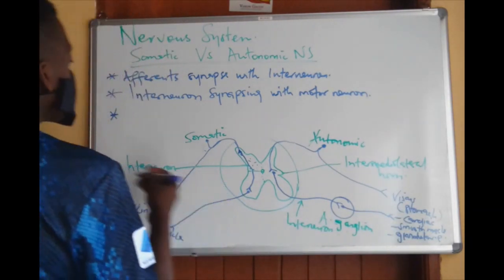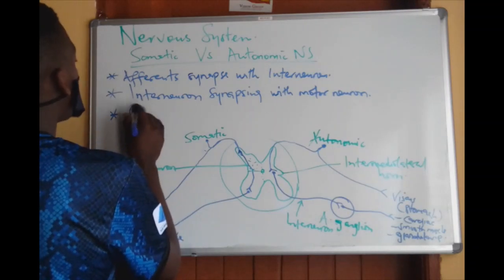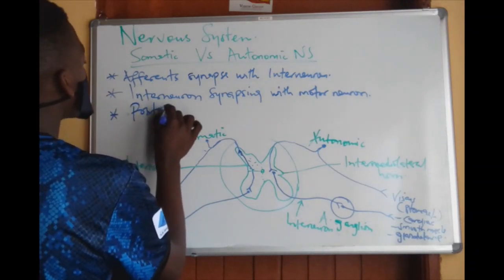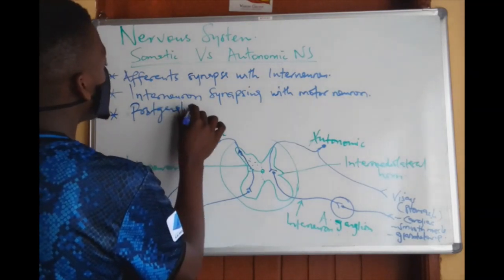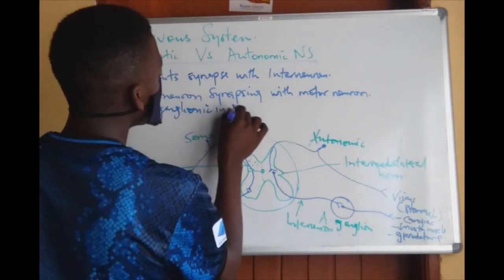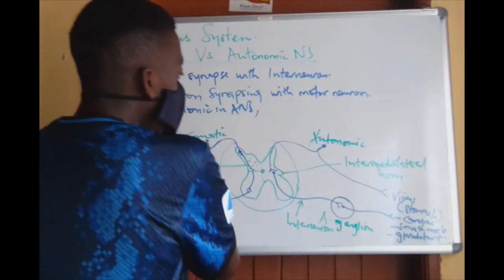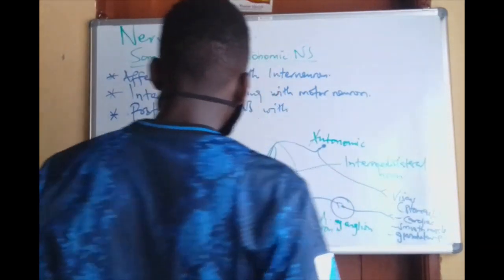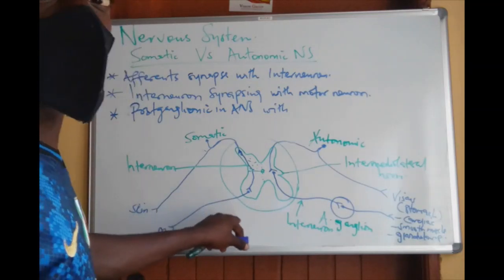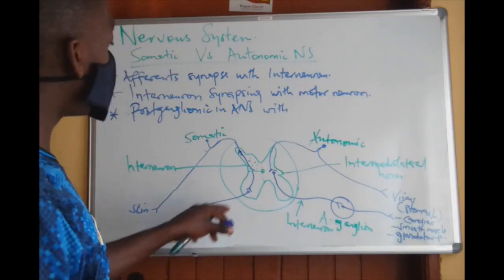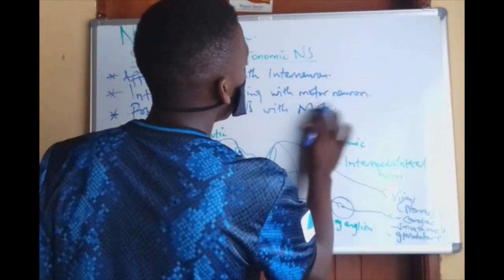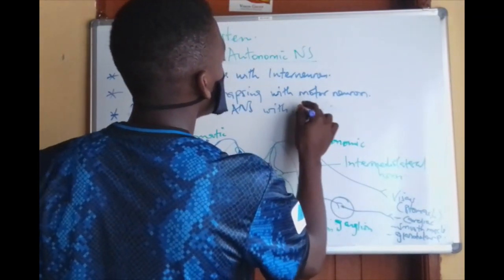Yes. So if you compare postganglionic in the autonomic nervous system, you compare that fiber with this fiber here. The fiber which is a motor fiber, or efferent, call it an efferent.